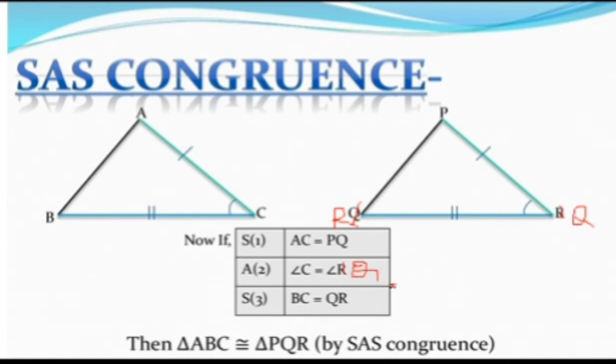Angle C is equal to angle Q, and third, BC is equal to QR. Fine, now it's fine.